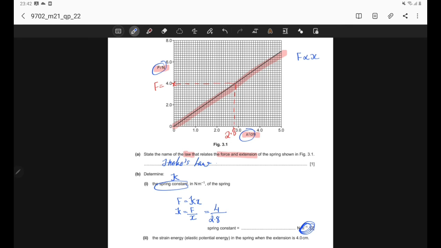So in order to convert from centimeter to meter, we should multiply it with 10 to the power minus 2. So 2.8 times 10 to the power minus 2, and that is equal to 140 into SF. So the answer, spring constant, is 140 Newton per meter.